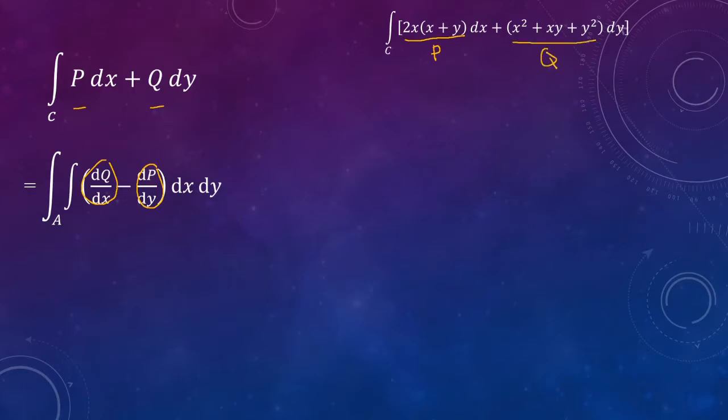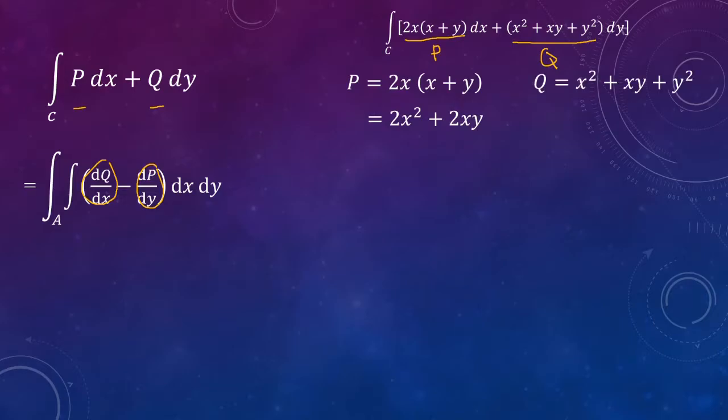So we have found our P and Q, where P is 2x(x plus y), which is 2x squared plus 2xy, and our Q is x squared plus xy plus y squared. So we need to find our derivatives of dP over dy and dQ over dx. For dP over dy, we treat x as a constant, so we get dP over dy is 2x.